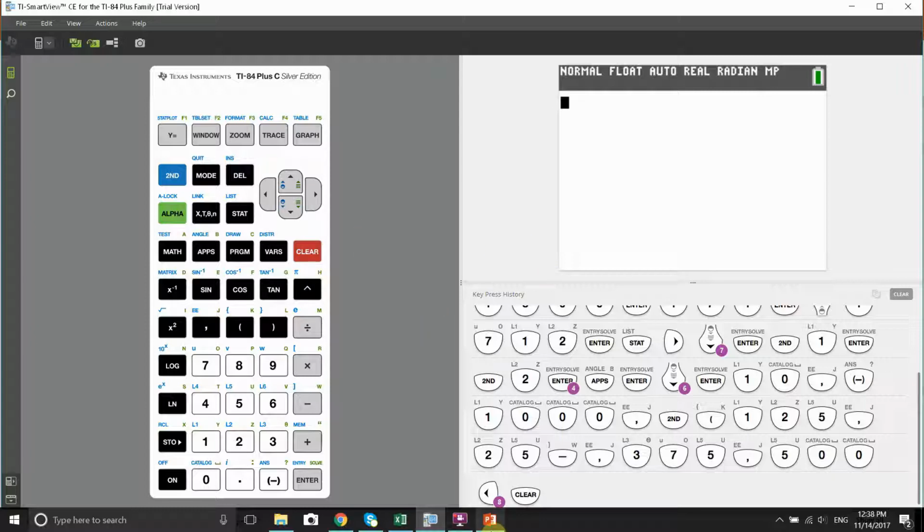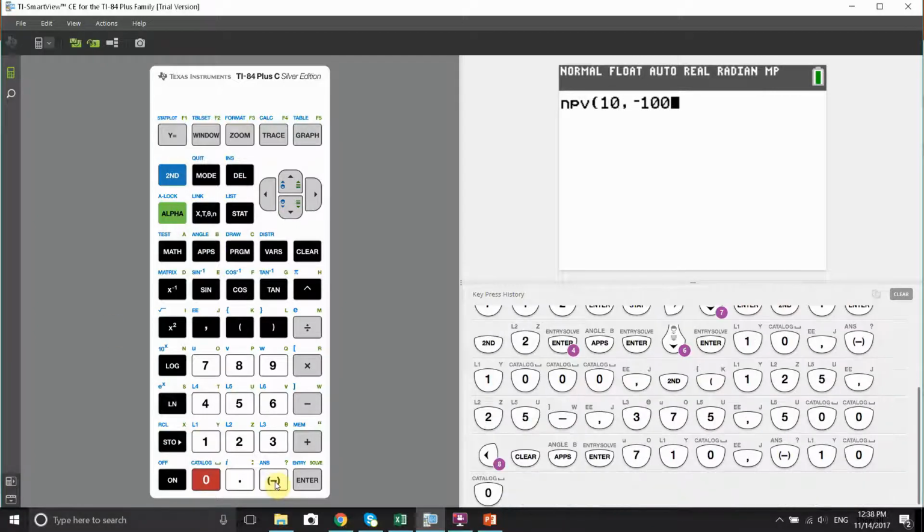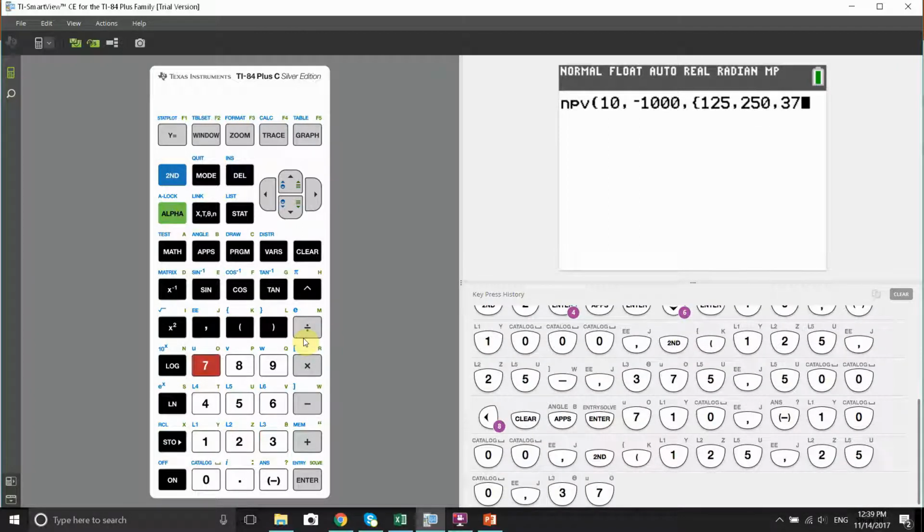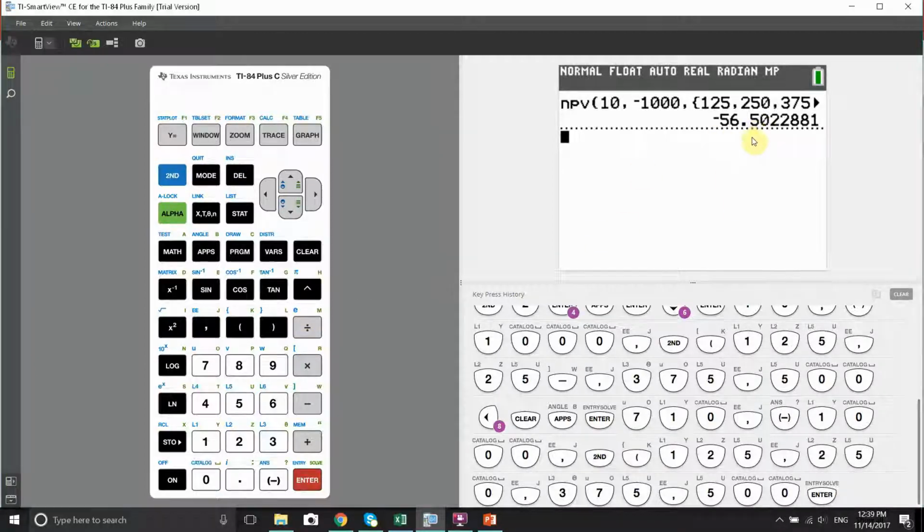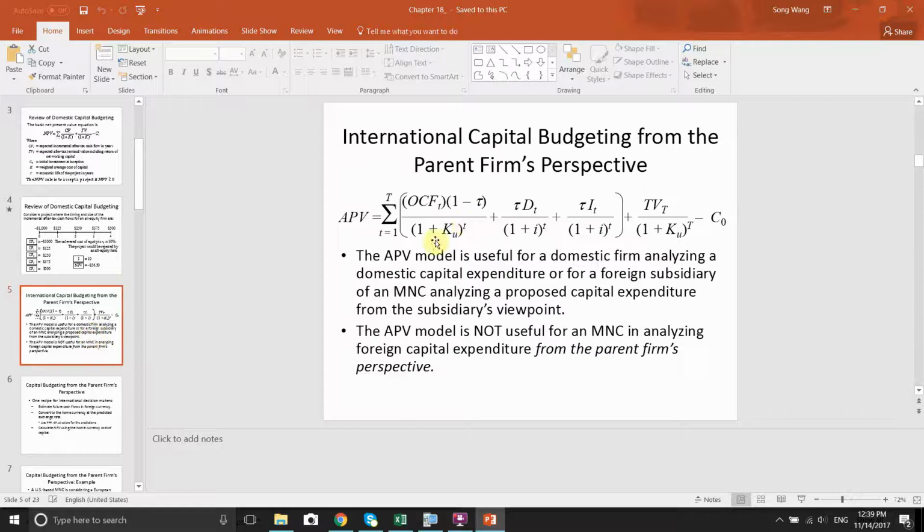Sorry, it's apps, finance, number 7, 10, negative 1,000. Then the bracket, 125, 250, 375, 500, and then hit enter. So negative 56.50.